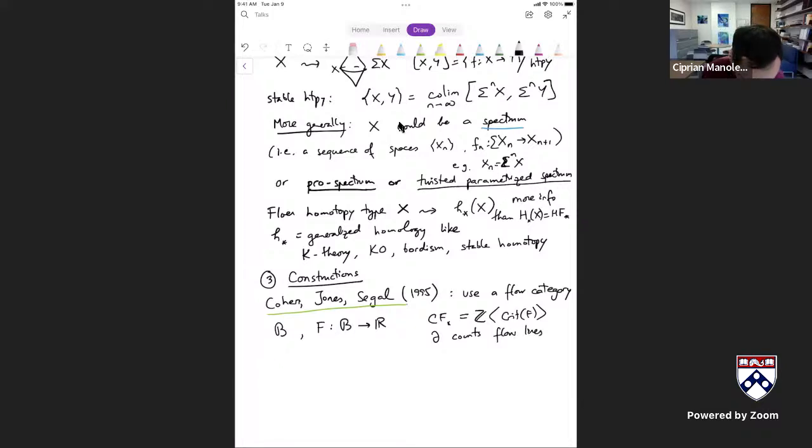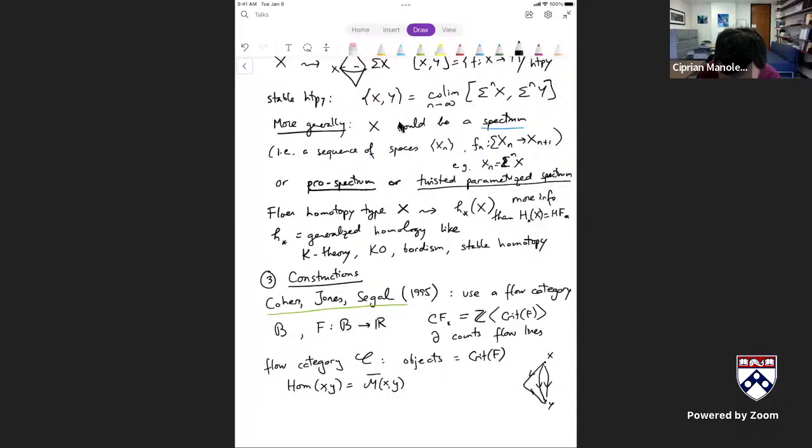So from here, we're going to get a flow category, C, where the objects are the critical points, and the morphisms, Hom from X to Y, is actually a manifold, or a manifold with corners, the compactification of the moduli space of flow lines from X to Y, unparametrized, and we want to include broken flow lines to make it compact.